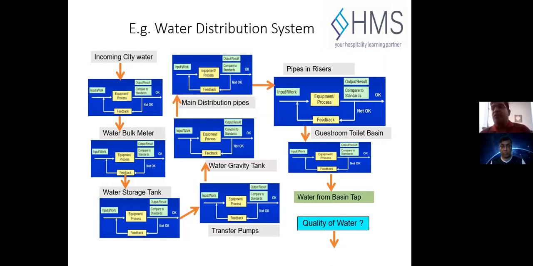Okay, after that we need to transfer that water through the transfer pump, or maybe moving to the gravity tank on the roof. From there, it's distributed to the pipe, and from the top we've got the risers in between. So in those risers, the pipes, how they have been insulated, how they been carried, and what are the treatments we need to do in the riser so the water quality is clear and maintains the temperature.